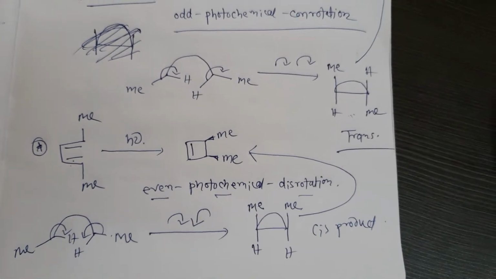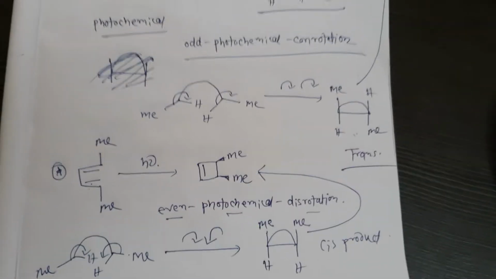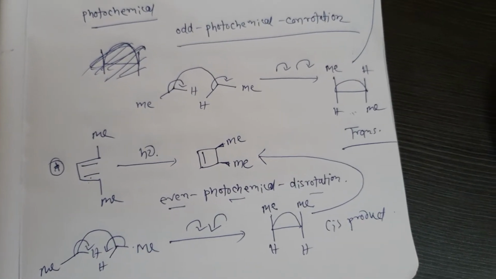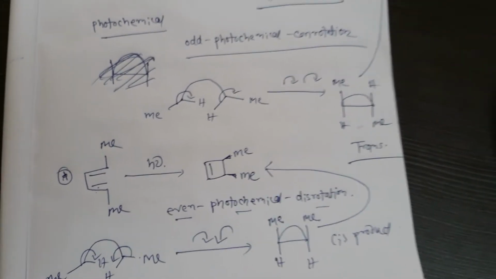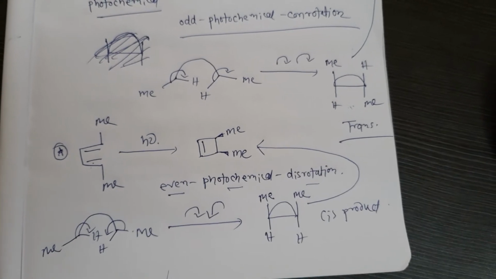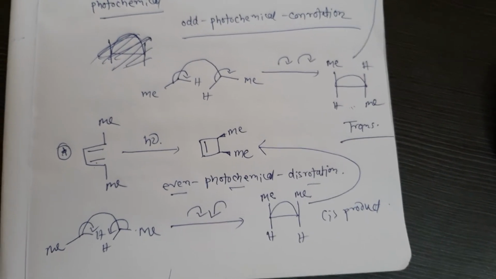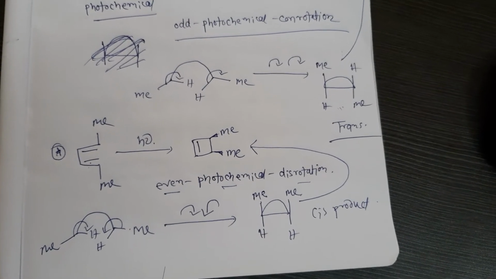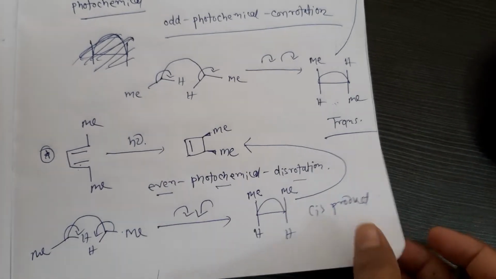Okay. So the important thing here is the selection rule, even thermal conduction. If you remember the selection rule, it is easy for you to predict the product stereochemistry. Okay, now let's see some examples.